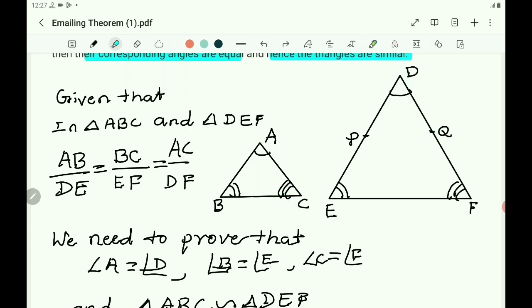So let us mark the points P and Q on DE and DF and let us join them. So this is the construction required.